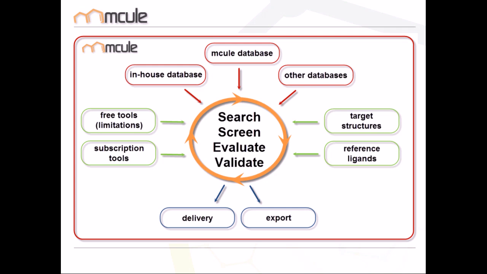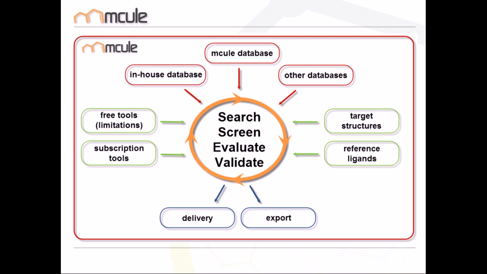We try to fix a lot of errors, but only in cases where we are pretty sure that we can fix the problem. If we're not sure about it, we label these structures as problematic, and we deal with them later, and we don't let these compounds enter into the Mcule database. So what remains in the Mcule database is just the non-problematic high-quality structures.